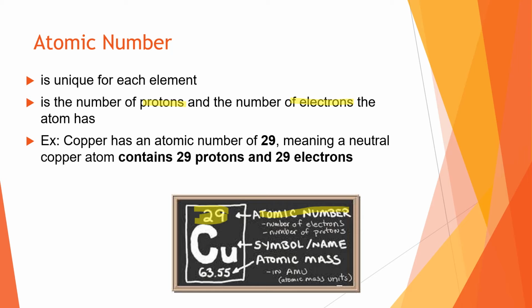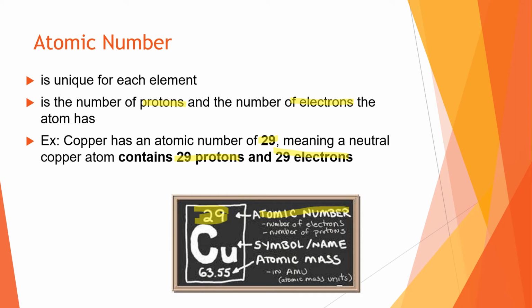So keep in mind, if copper has 29 protons, that's 29 positives, and 29 electrons is 29 negatives, so they cancel each other out, and the copper atom is neutral. So it says here copper has an atomic number of 29, meaning a neutral copper atom contains 29 protons and 29 electrons.